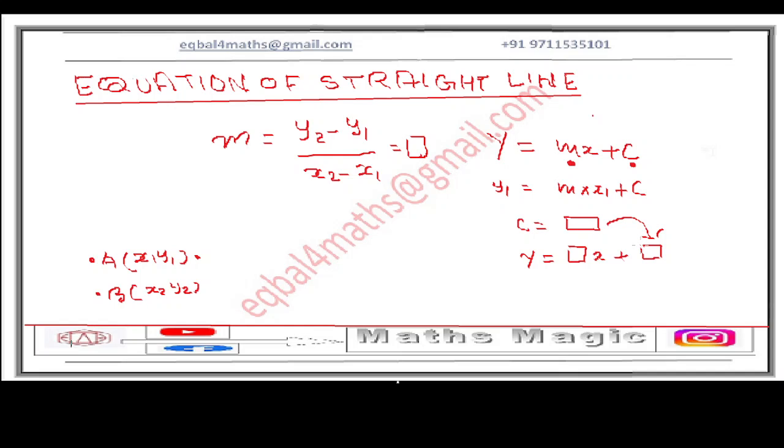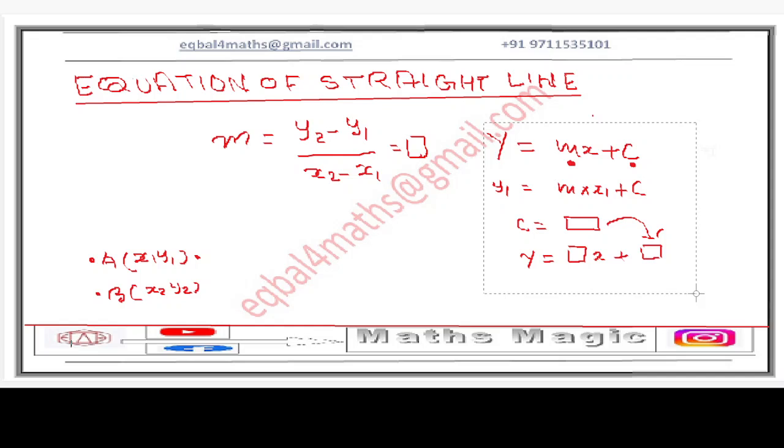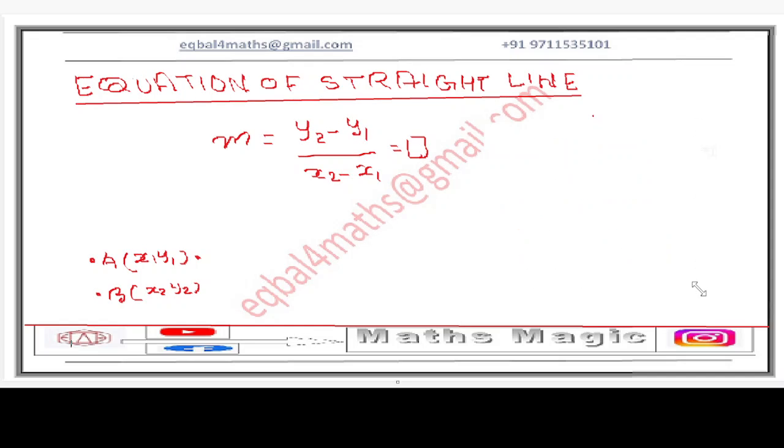the point-gradient form. In point-gradient form, again we have to find the gradient, and then we use a format which is very easy to calculate.